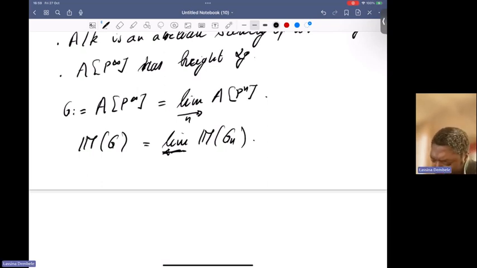So this is the Dieudonné module for G, and this Dieudonné module is related to the Tate module.